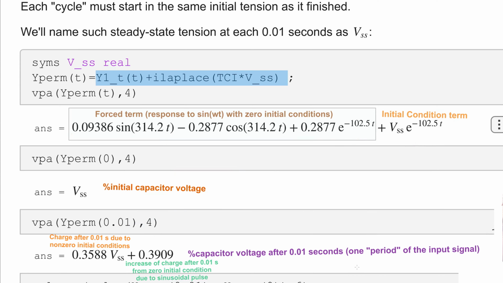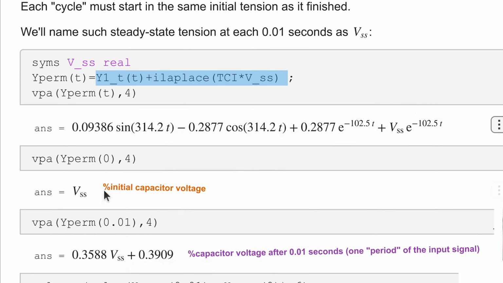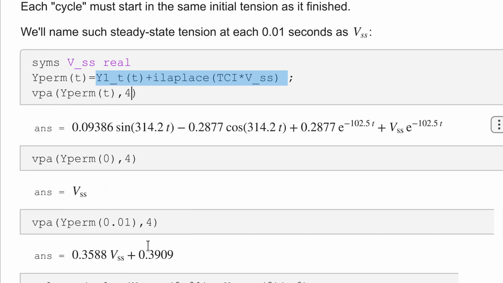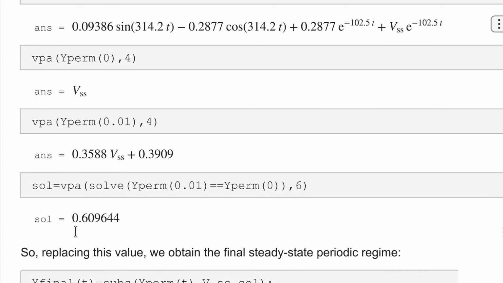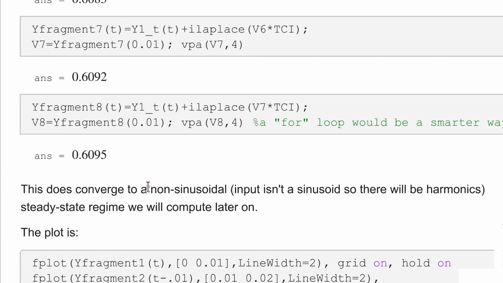So the only thing we need to do is equating this initial condition to this final condition. It's easy to solve. It's 0.6096. So we were almost there in our previous fragments.